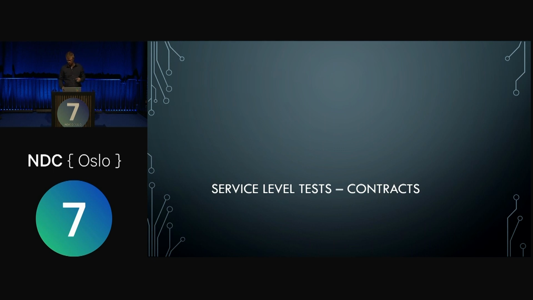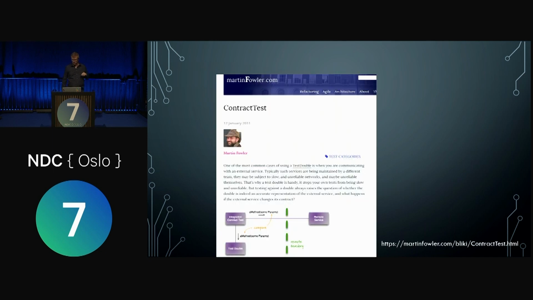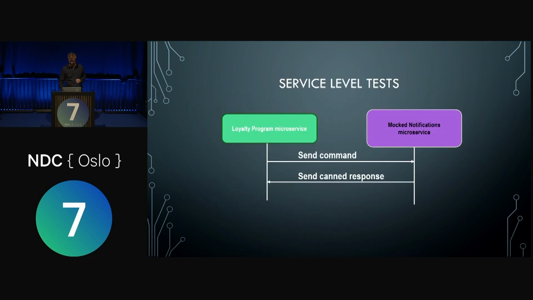We also want to test that to have a good confidence. This is by no means a new idea. As always, Martin Fowler has written a really good explanation of what this is more than 10 years ago. That's how it is with most things. I will talk a little bit about what it is anyway.